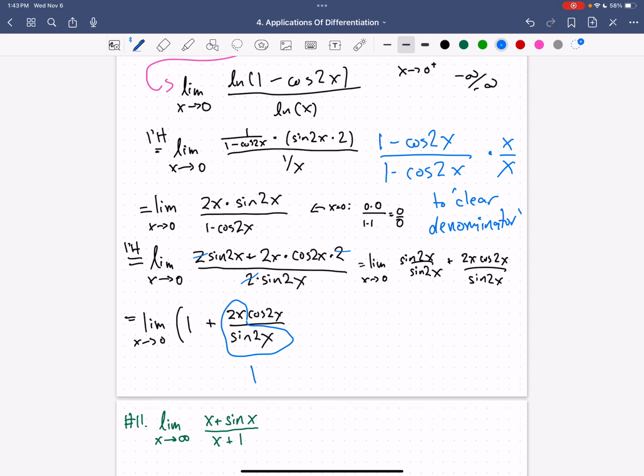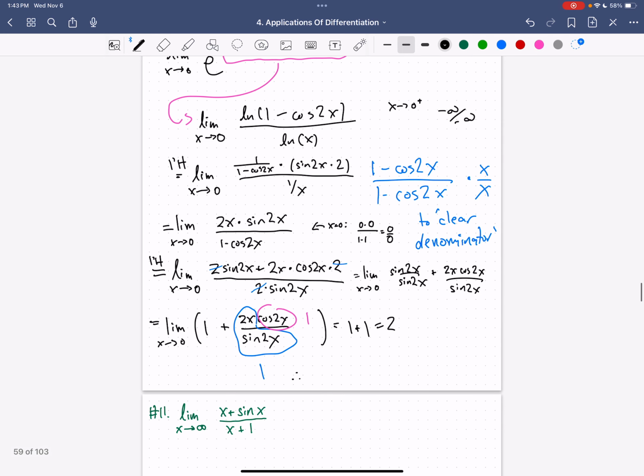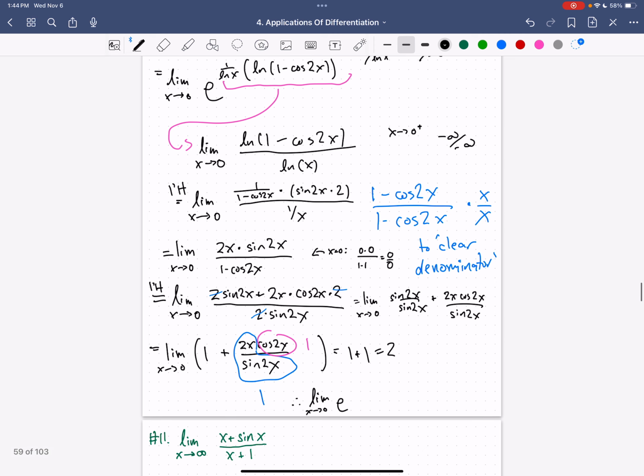And then we've got cos 2x, which is also going to be 1. So together, this limit is just 1 plus 1, so 2. Cool, right? And then the final answer, if we go back to the original question, because we were working in the exponent: the limit as x goes to 0 of e to the 1 over log x times ln of 1 minus cos 2x gives us e squared. Wonderful.